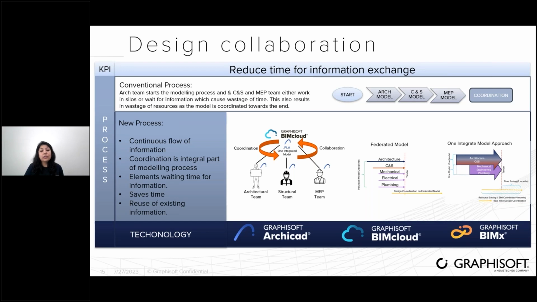This causes a lot of delay and also a lot of errors. And the coordination, of course, comes in the last part. Whereas this one integrated model concept, or design collaboration within Archicad, allows you to have coordination as a part of the modeling process and avoids untimely or unseen situations which can cost you money as well as time.